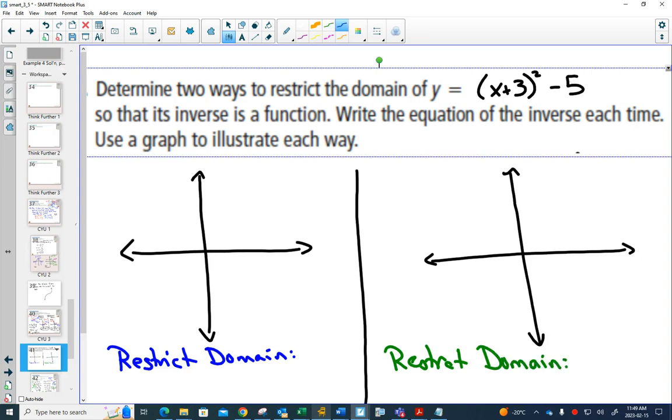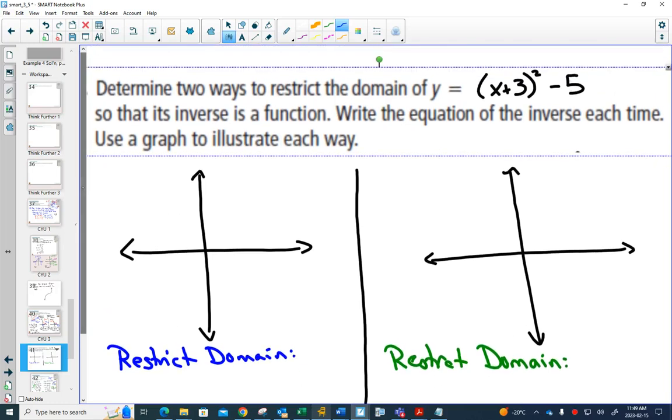Okay. So in restricting the domain, I first imagine, what does this parabola look like? Maybe off to the side up here, I draw a quick little graph of it. It's going to be moved 3 to the left and 5 down. So my vertex is at -3, -5, and that parabola would be opening up.